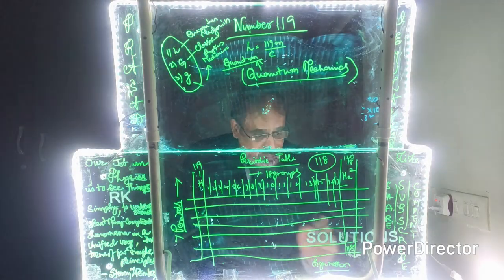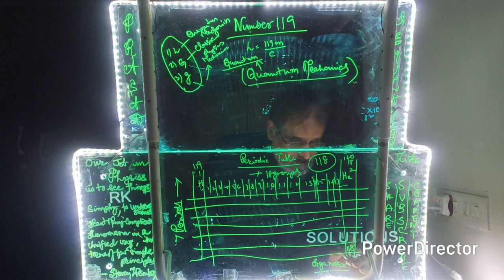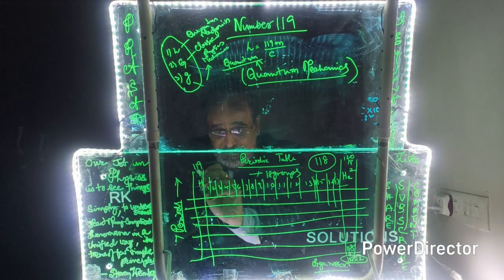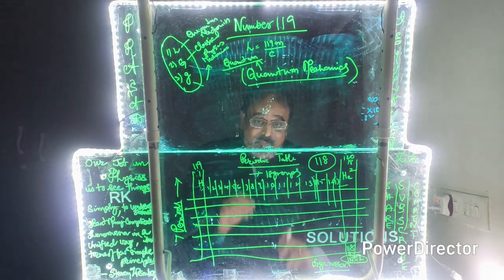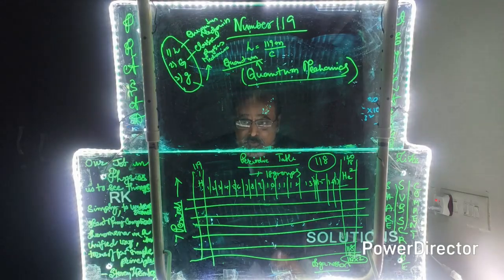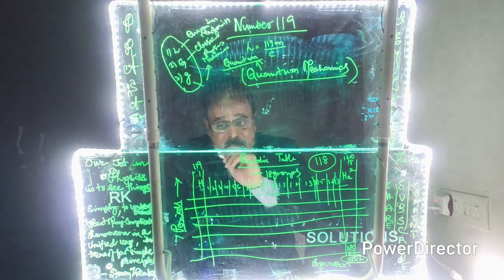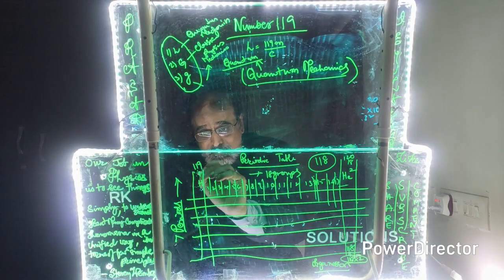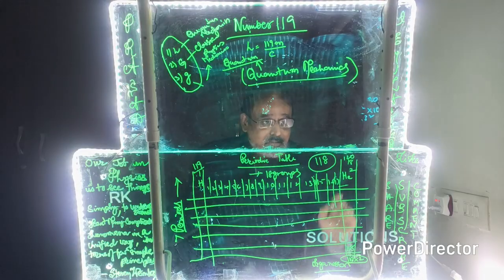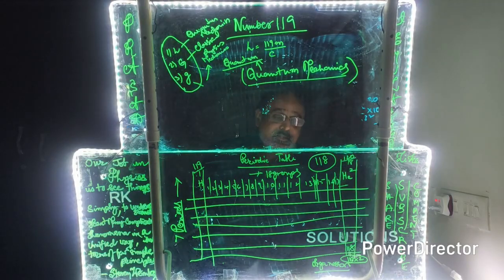If this is 118, then the next table will contain 119 and 120. Ideally, the next periodic table should start from 119. So when it reaches this 118 limit, it will start with 119 and 120.